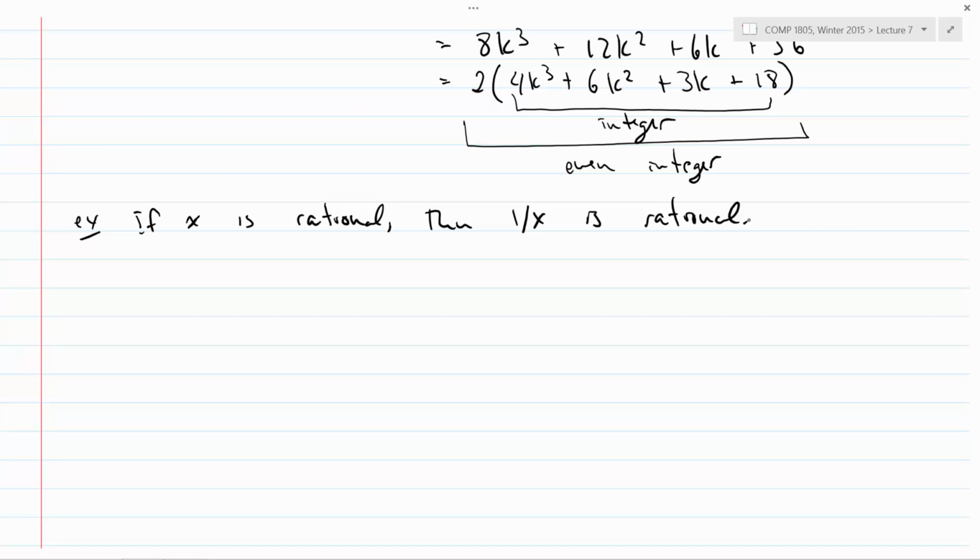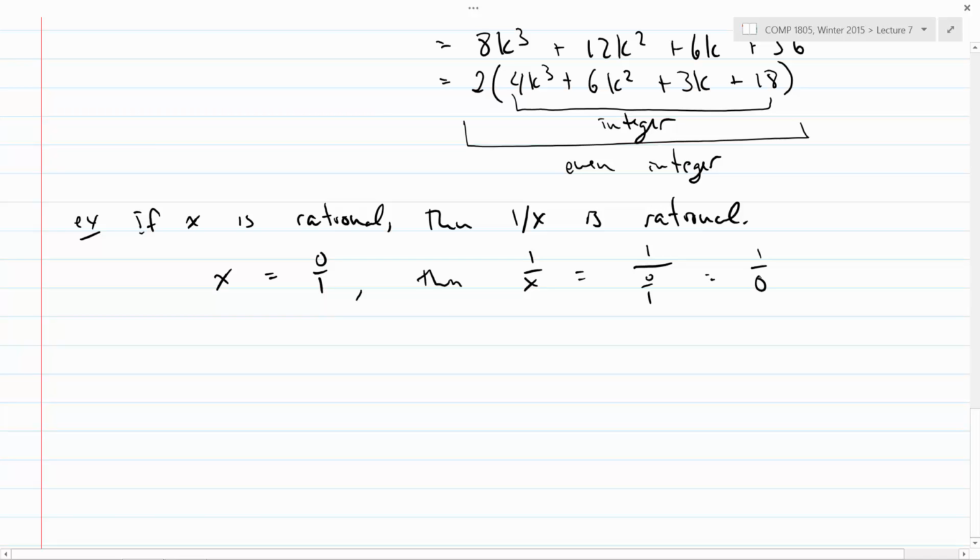Brave. Okay, so those who say it's false, if you claim that it's false, the way you show that is with a counterexample. What would your counterexample be? Yep. So x is 0 over anything. So let's say 0 over 1. All right, so if x is 0 over 1, then 1 over x is 1 over 0 over 1, which is 1 over 0.